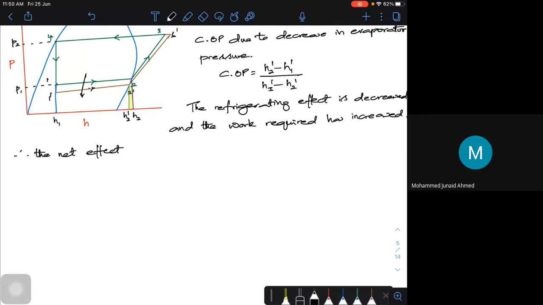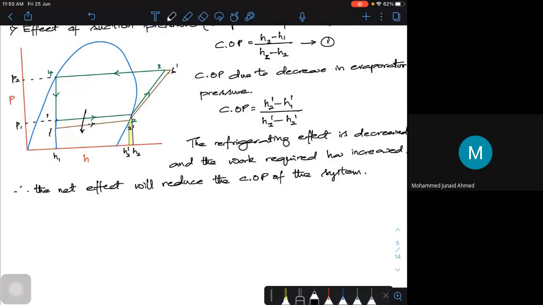The net effect will reduce the COP of the refrigeration system. So you should not reduce your evaporator pressure randomly or drastically. The moment you reduce the evaporator pressure, the refrigerating effect will definitely go down.